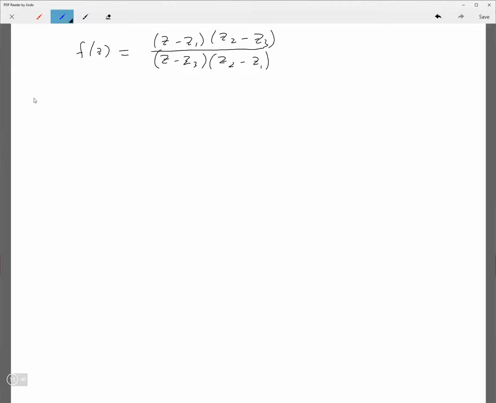Let's suppose we're given a problem and we're supposed to find a Mobius transformation that maps any 3 points. Just give me any 3 complex numbers, like 3i plus 2.